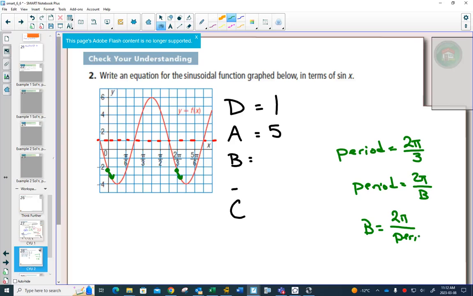Here we go. So most students say, oh, if I want to find my B value, I'll use this formula: B equals 2 pi over the period. So I would have 2 pi divided by 2 pi over 3. You have to use your fraction rules. How do you divide by a fraction? Dividing by a fraction is multiplying by the reciprocal.